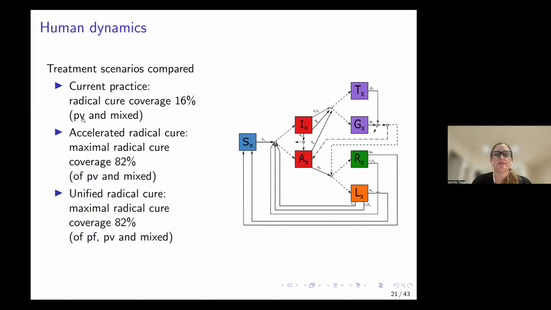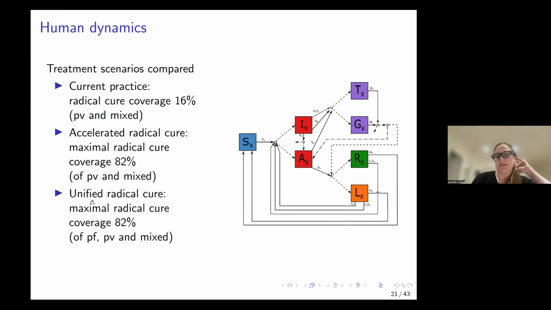So current practice is that it's only given to around 16% of people who have either mixed or PV infections detected. An alternative would be to give what's called accelerated radical cure, which is when everyone that comes back as being Vivax infected, either by itself or in a mixed infection, is given radical cure if you can. So that's up to 82% of the population. The rest of the 18% can't receive radical cure because they're pregnant or too young or too old and so on.